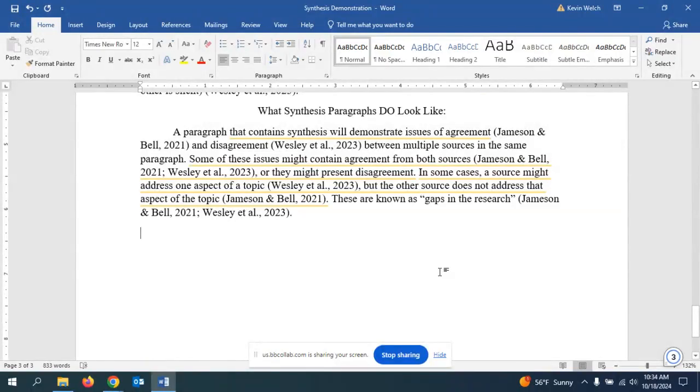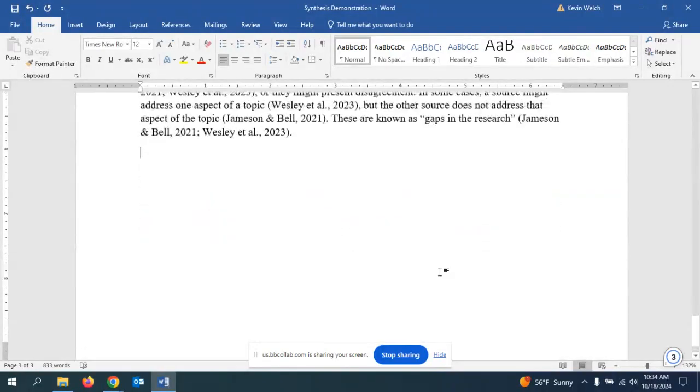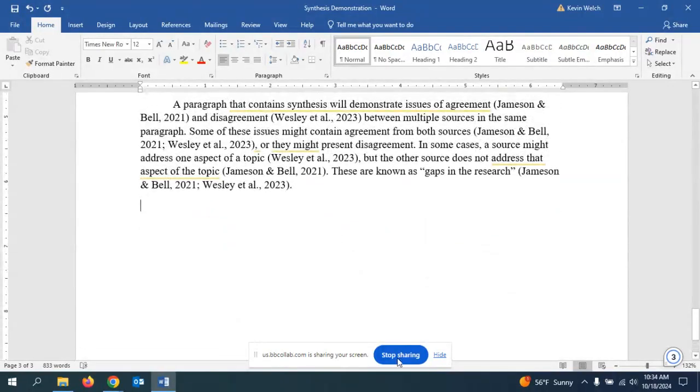So you need to work on synthesizing the information from your sources for your paper or your project. So how do you do that?